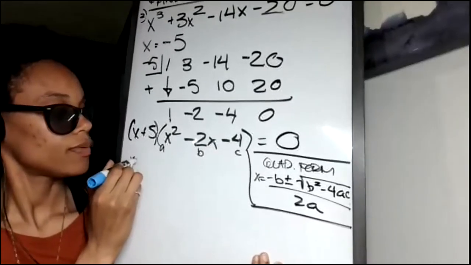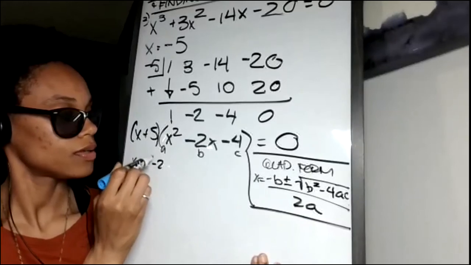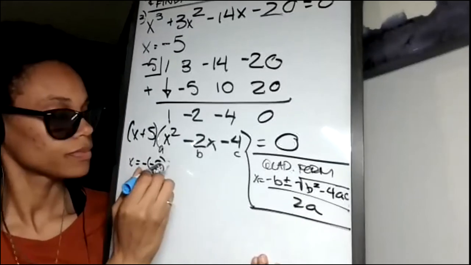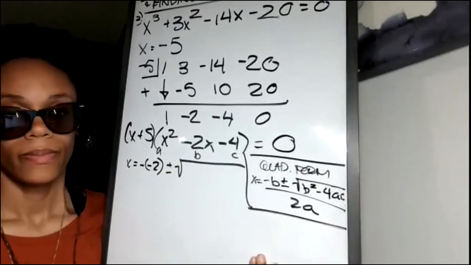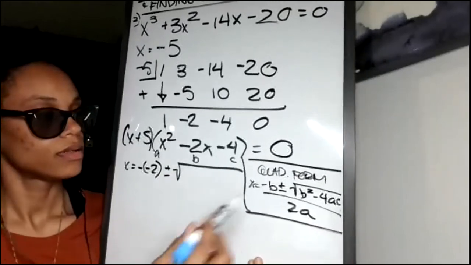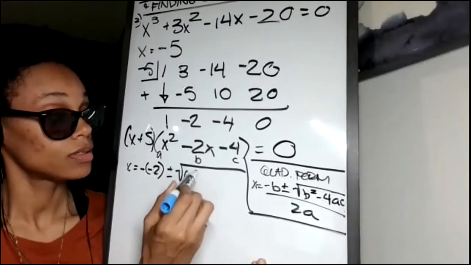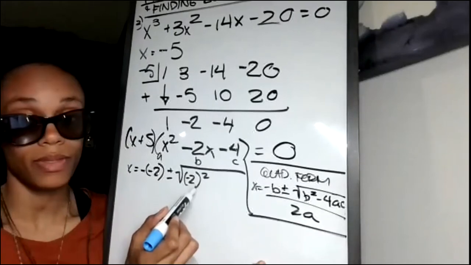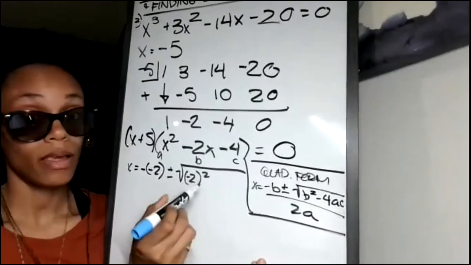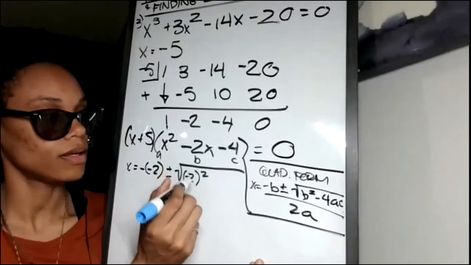So here, let's find out. What is our x? X equals -b, so -2, plus or minus square root of b squared, so -2 squared. Keep the negative with the sign. I think this is a common mistake. And depending on how you punch in your calculator, you may get an error.